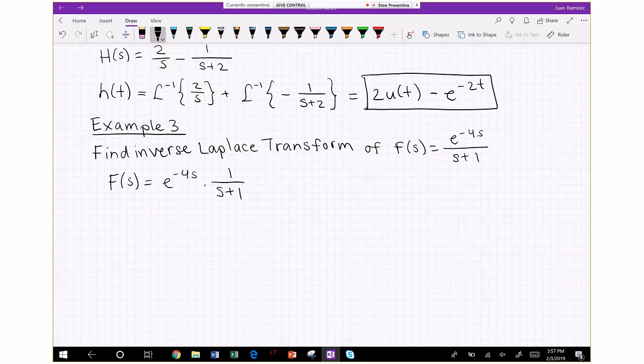That'll be what we call a time shift. So for a time shift in the time domain, you multiply the Laplace transform of the regular function in the time domain times e to the negative as, where a is the actual time shift. So take a look at the time shift property on that table. But for now, I'm going to just write that this part of the function we treat with the time shift property.